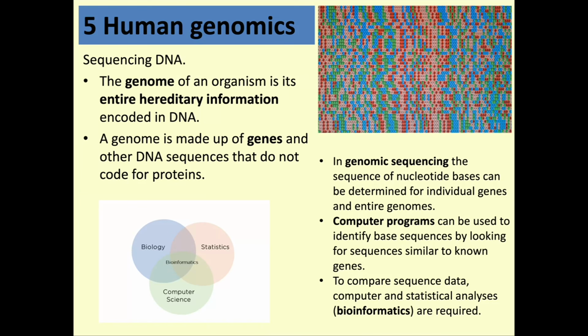But fortunately, there are people with a trained eye who do know where to look, and they've worked on this for a long time. More and more recently, computer programs have been used to help scientists identify base sequences by looking for sequences that are similar to the genes that we already know about. For example, if you're looking through a genome for a gene for an inherited condition, and you know from other patients who have the condition that they have a certain sequence on their DNA, then you can look for that within the person you're testing.